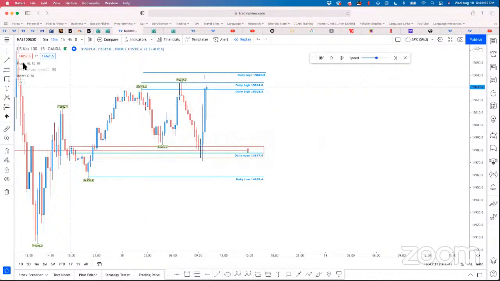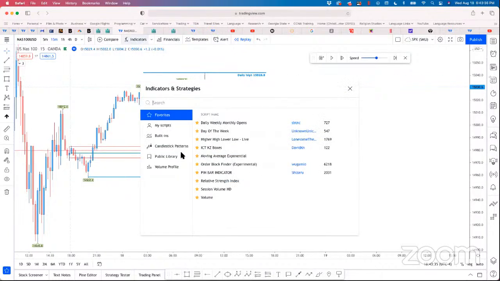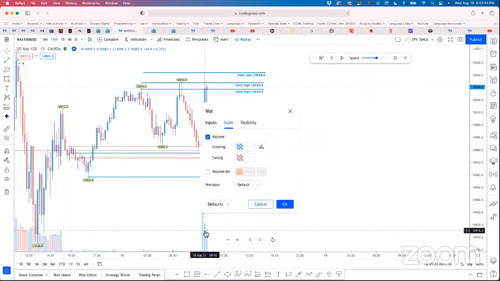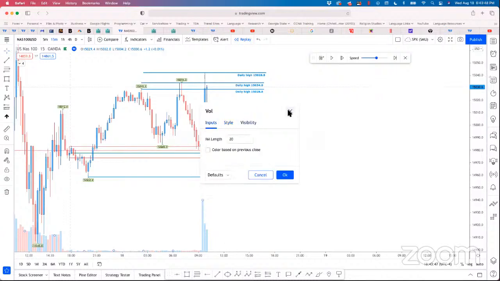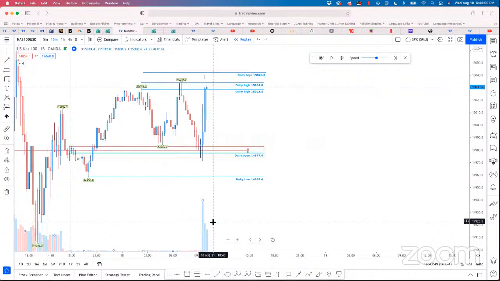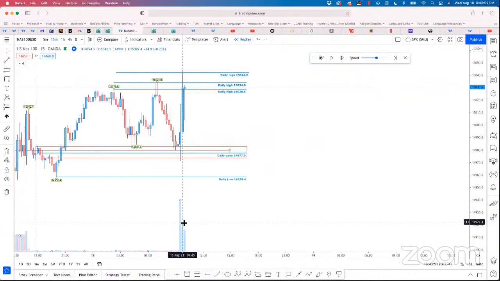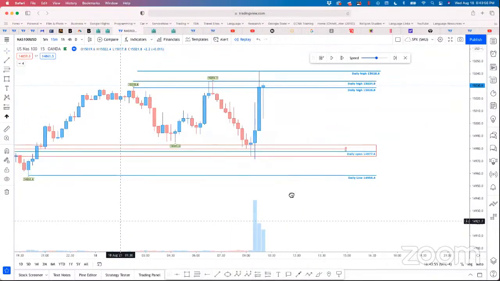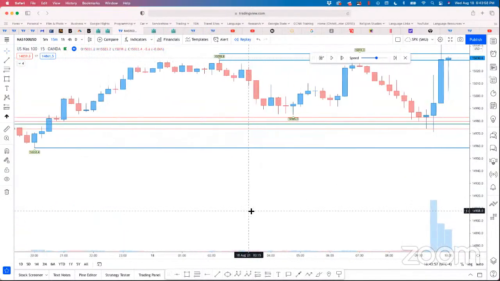Let me show you what that looked like. Go to the volume indicator, right? Look at this. Let me put this in its own window. Can I do that with volume? No, I don't think so. But I'll zoom in so you can see.